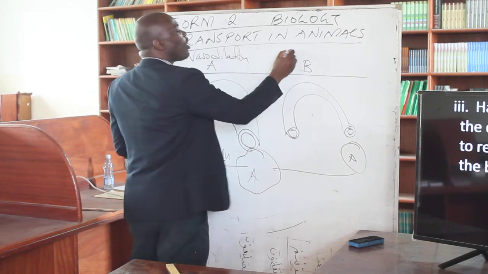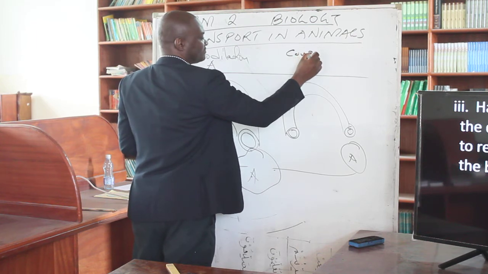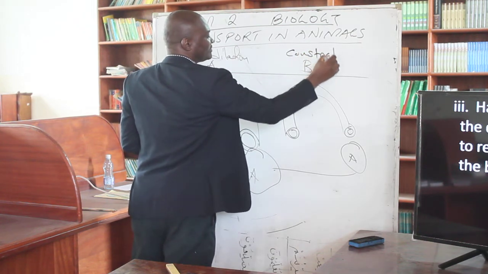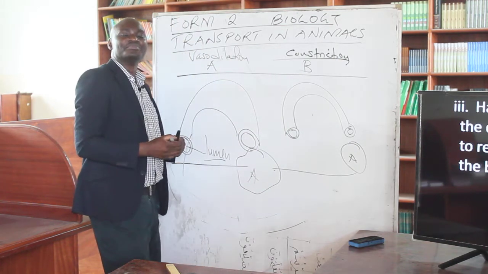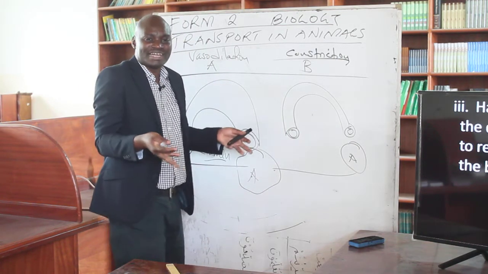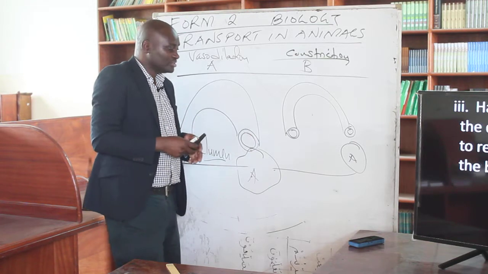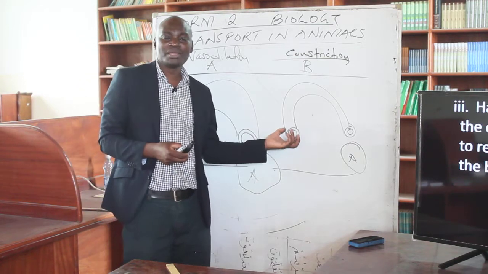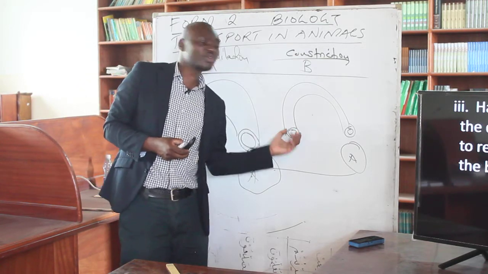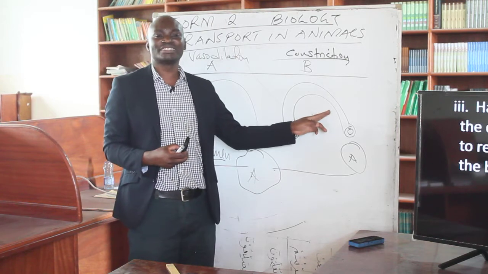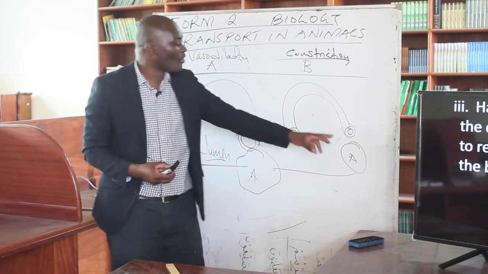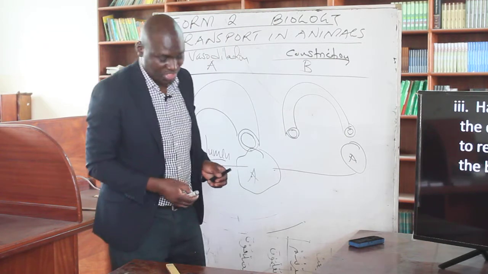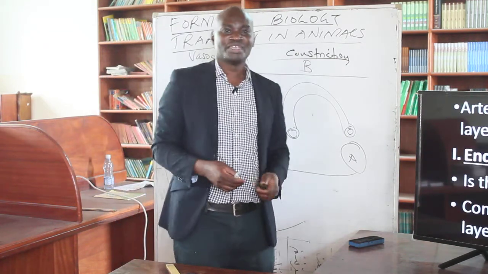It will undergo constriction, which you can translate to contract. It can contract. So the diameter will decrease so that less blood can flow through it, and that way the amount of blood reaching organ A will be reduced. So they have that ability.